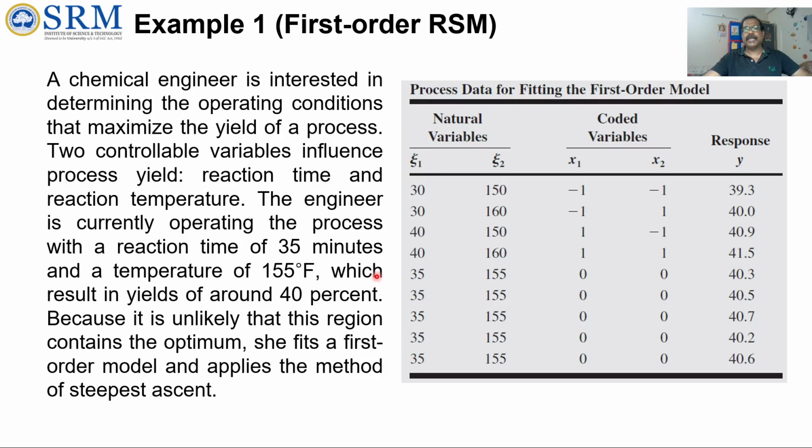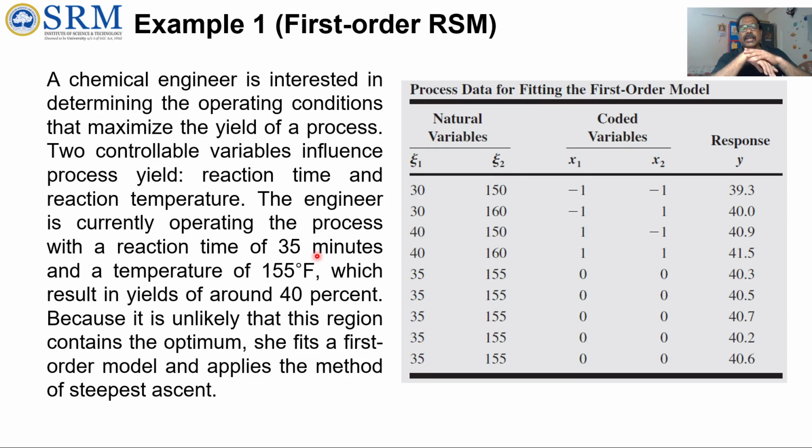How is this designed? Assuming the current operating condition is 35 and 155, they consider that as the center point. Before and after it they added values with an interval of 5. For 35, before is 30 and next is 40.